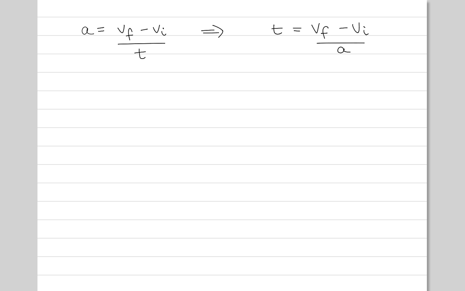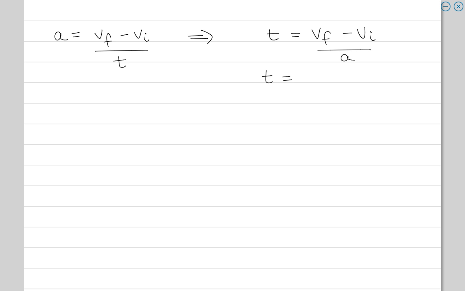Now, we have to be very, very clever. The final velocity will be this negative 17.7, and the initial velocity is positive 17.7. And the acceleration is due to gravity.